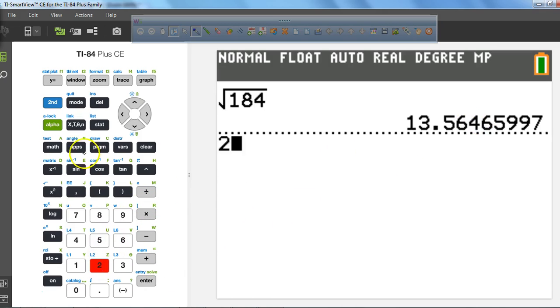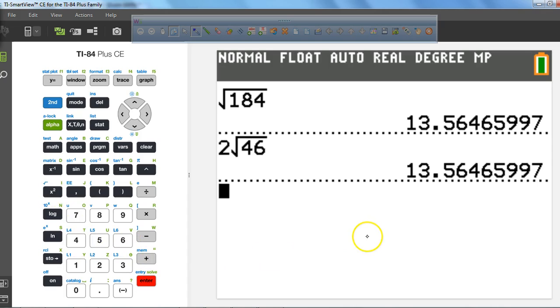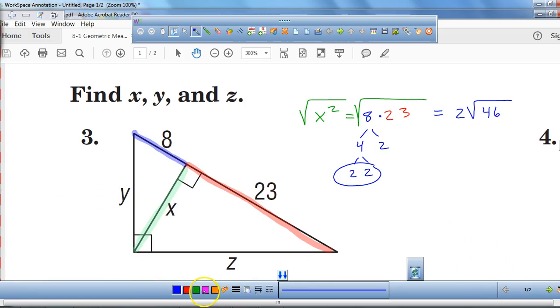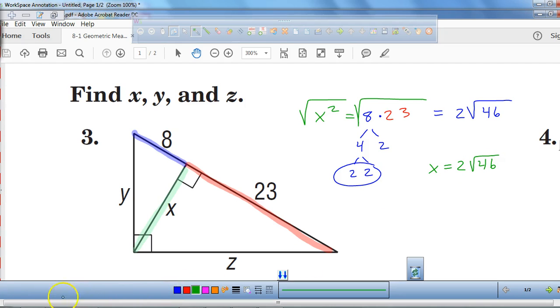And if you type in 2 radical 46, you get the exact same value. So the square root of 184 and 2 radical 46 are the exact same. This is just simplified. This one is not. So I'm going to go back here, and I'm going to put x is equal to 2 radical 46, and that's our first one.